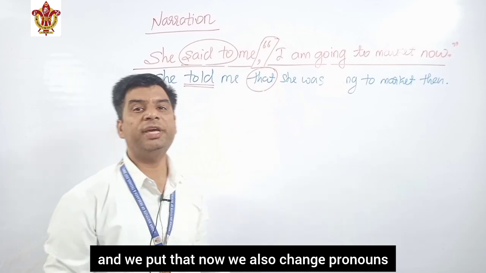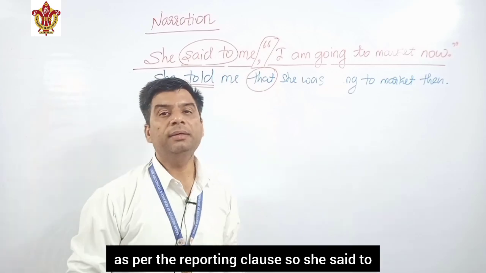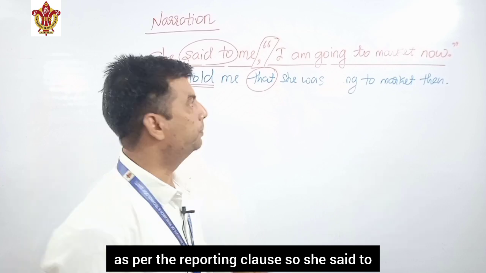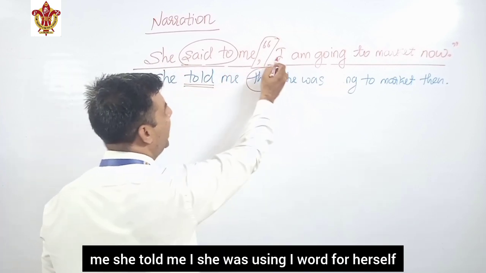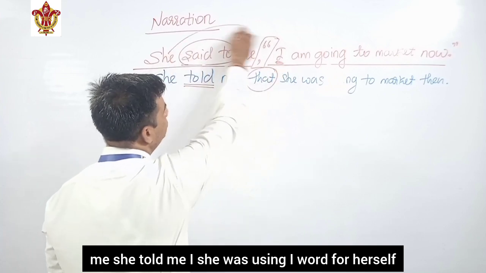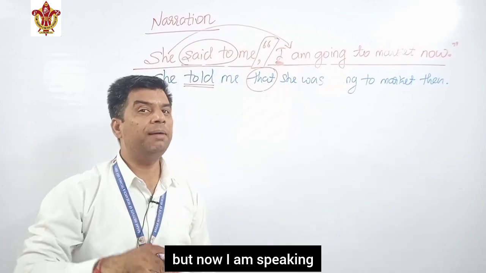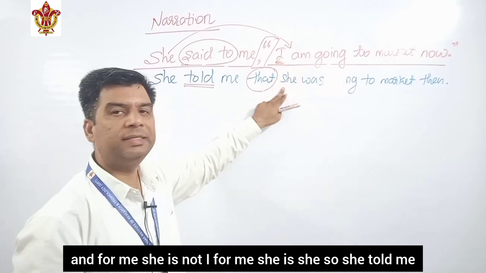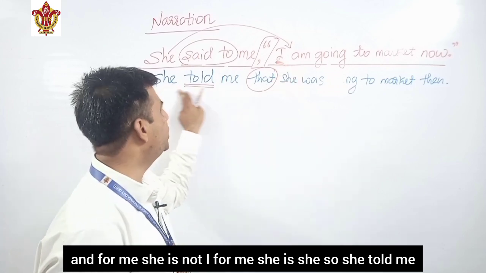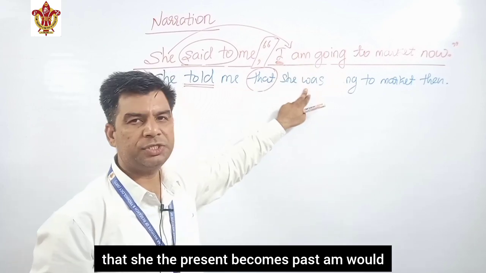Now we also change pronouns as per the reporting clause. So she said to me, she told me, I. She was using the word I for herself, but now I am speaking, and for me she is not I. For me she is she. So she told me that she, the present becomes past.